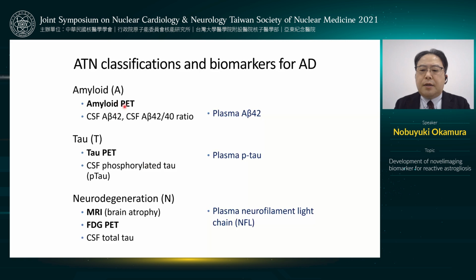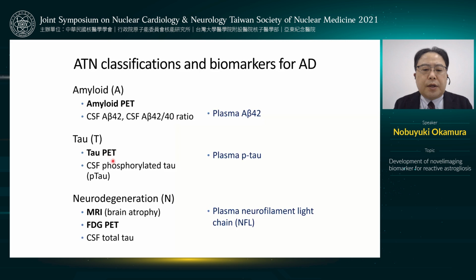Amyloid PET is currently the most reliable biomarker of A. Amyloid beta concentration or amyloid beta 42/40 ratio in CSF is also available. And recently, plasma A-beta 42 concentration has also been reported to be useful for the diagnosis of AD.